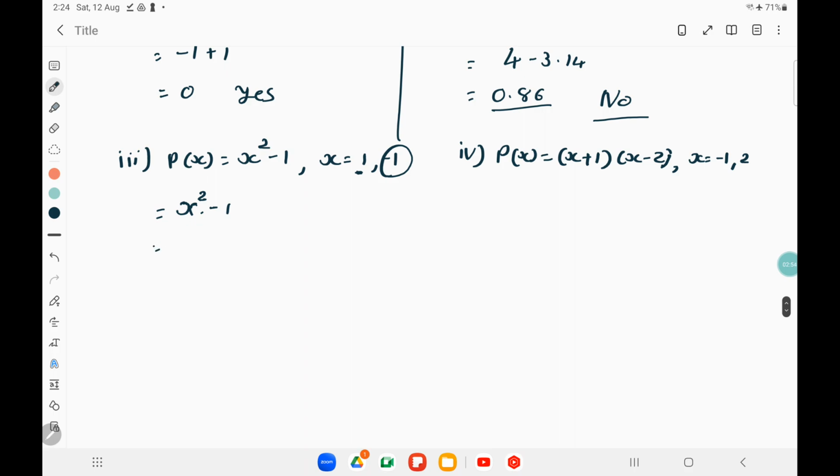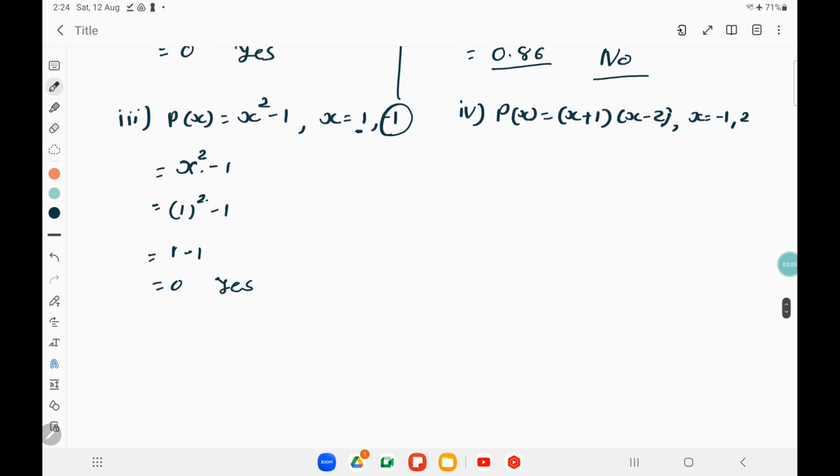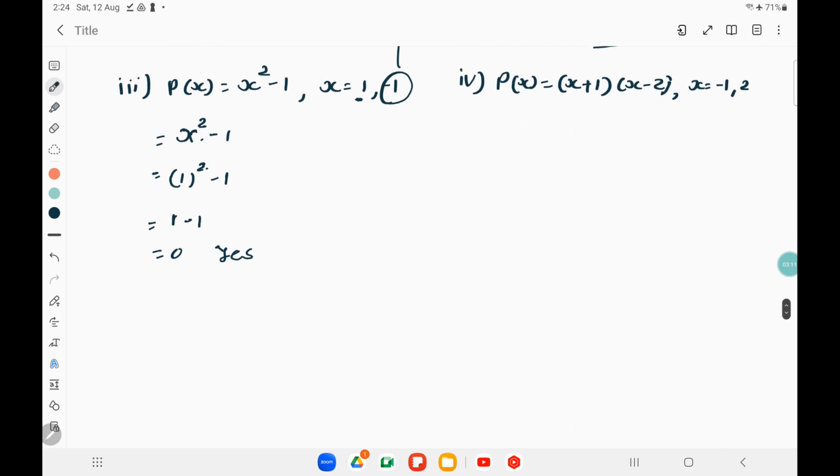So the first time we take 1: 1 square take away 1. 1 square becomes 1, take away 1, which is 0. So yes, 1 is a zero of this polynomial.